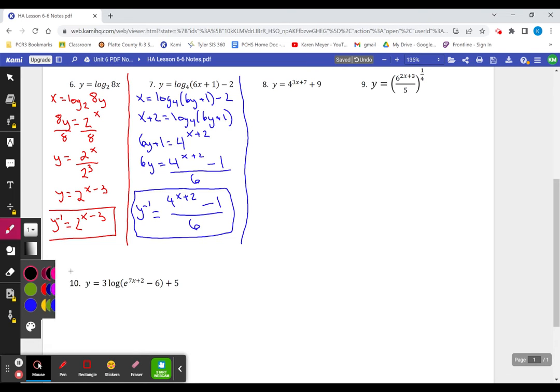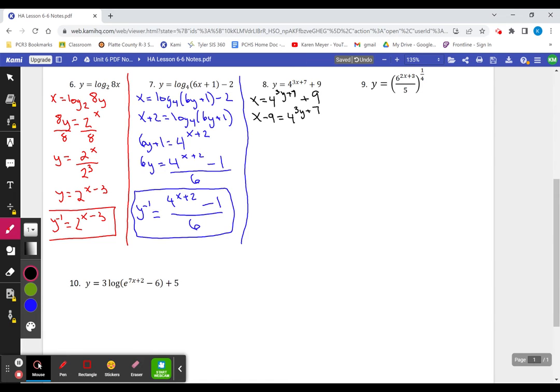Okay, next one. I'm going to switch x and y. So x equals 4 raised to the 3y plus 7, plus 9. Now, you're going to notice that that plus 9 is not up as a power, so we can go ahead and move that over. So I have to subtract it. So x minus 9 equals 4 raised to the 3y plus 7.